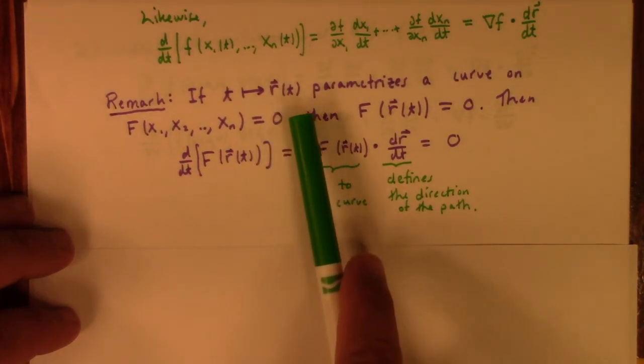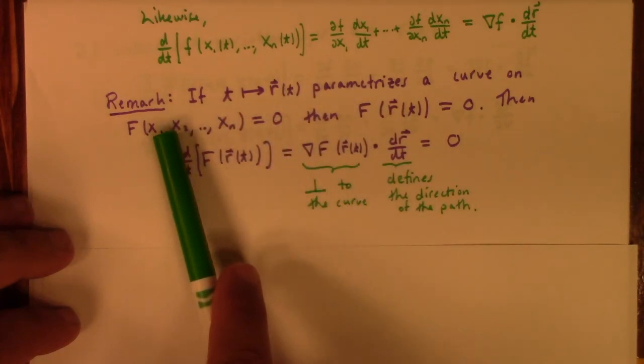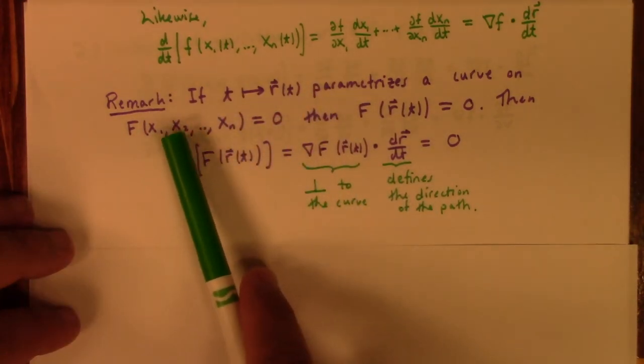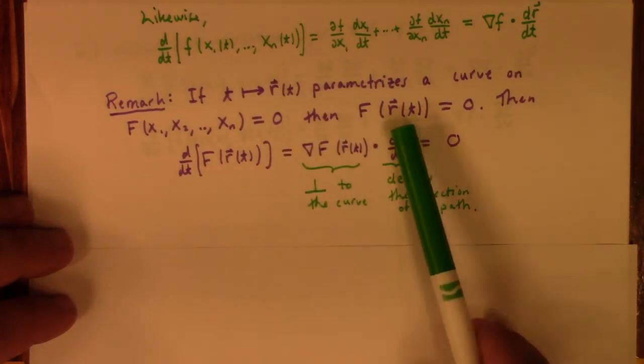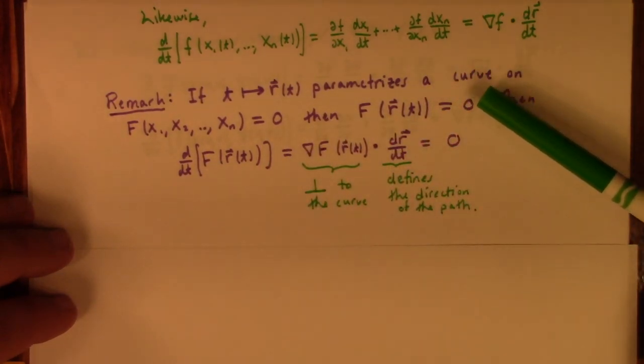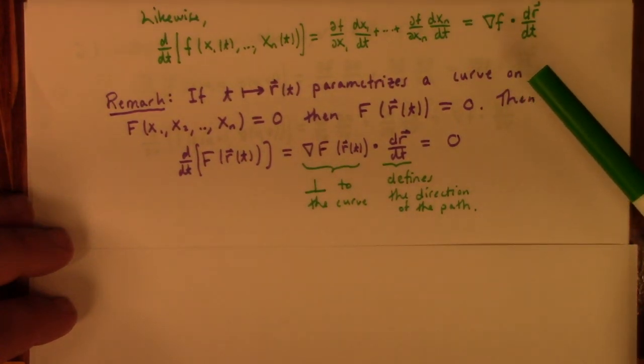But the point is, if the parameterization is a parameterization of the curve, or if the parameterization lies on the surface, then that means that when you plug the parameterization into the equation for the surface, you get back 0, or a constant if we're setting it equal to a constant.